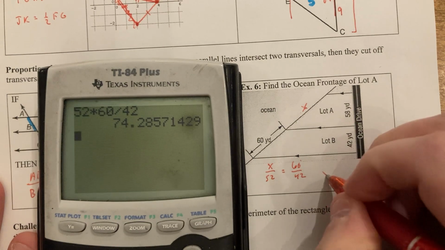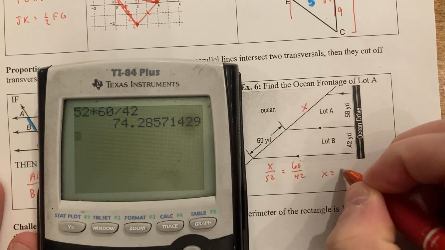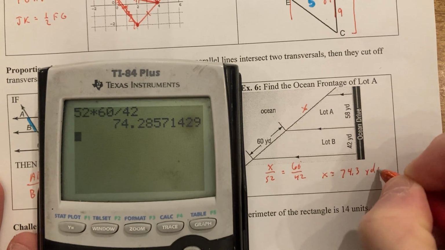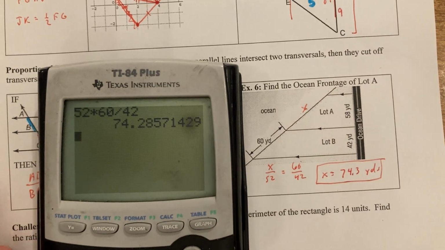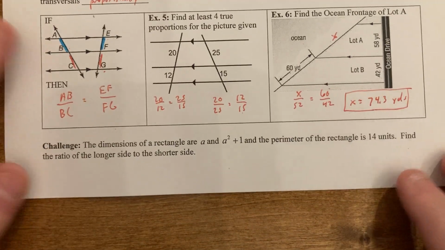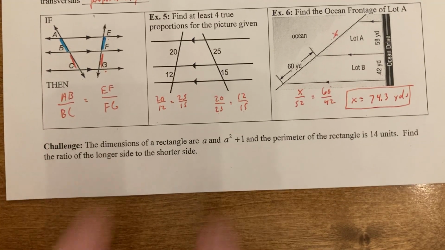And we get X is about 74.3 yards. There we go. That's all you gotta do. Okay, we have our challenge there. Show that to me if you can figure it out. I'll give you a 6 out of 5 on your homework.